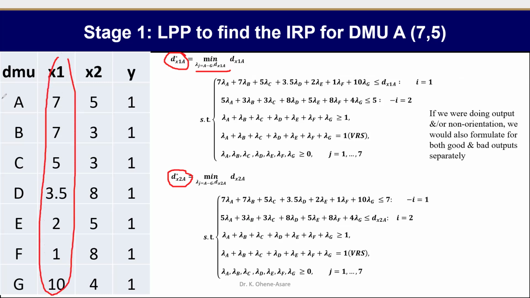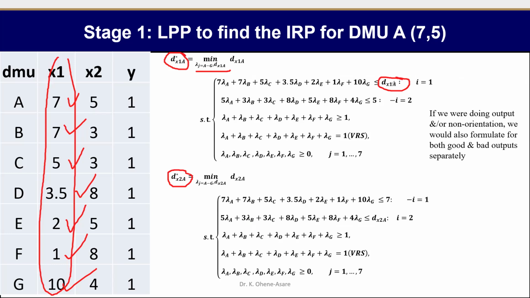So you're going to have 7 lambda A plus 7 lambda B plus 5 lambda C plus 3.5 lambda D plus 2 lambda E plus 1 lambda F plus 10 lambda J. You add all of them, then less than or equal to the D star or the D, the improvement factor.